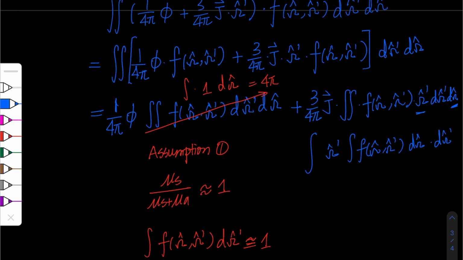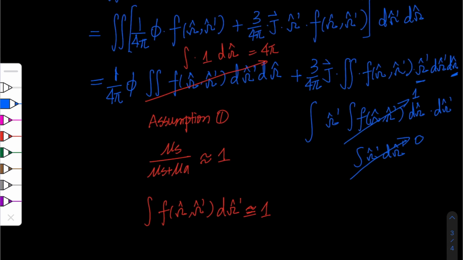And the same thing here, from our assumption 1, this term should be 1, and what is left is omega hat prime and the integral of the same omega hat prime. From our fact sheet, that term equals 0.